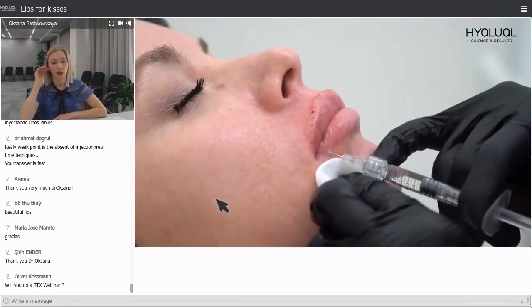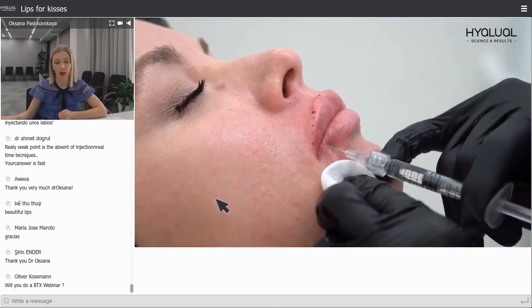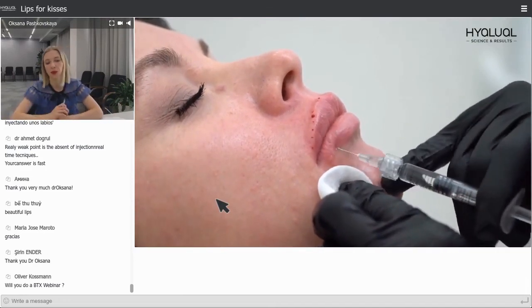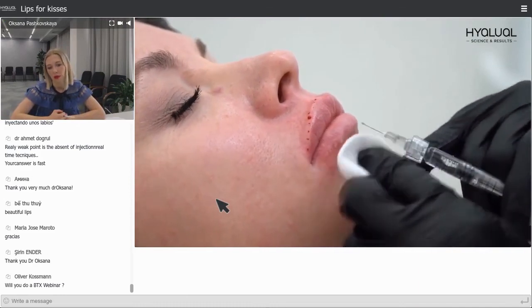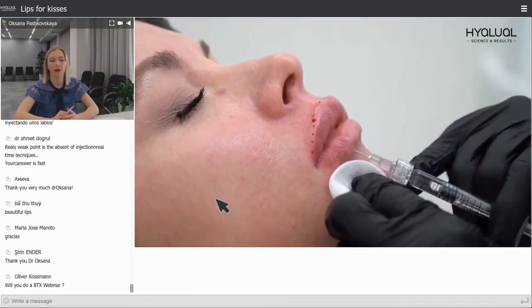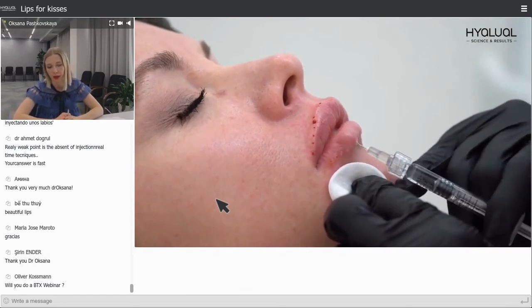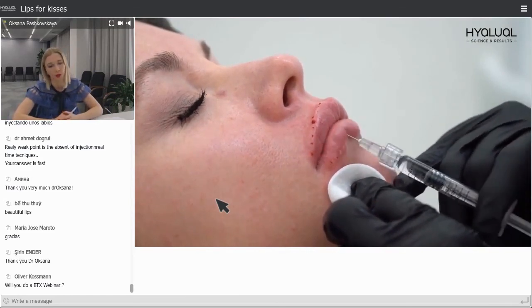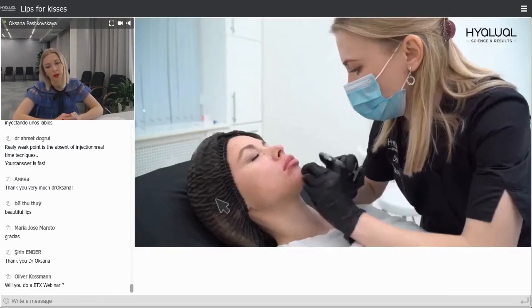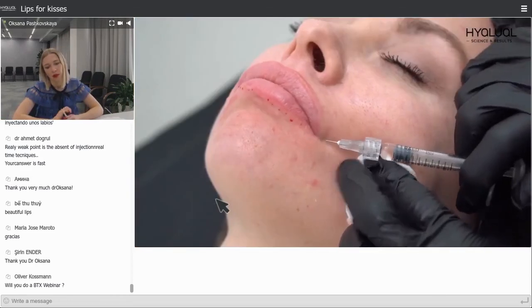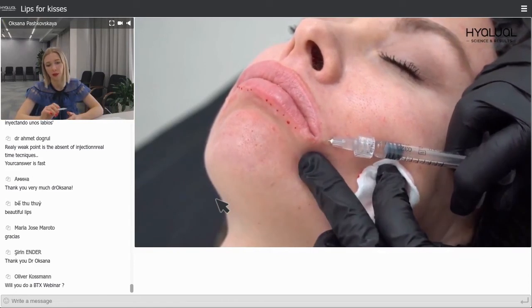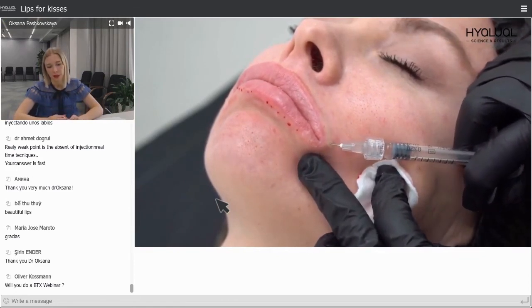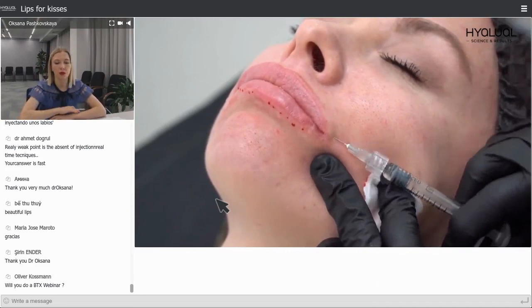And I don't do the contour, because when the filler spreads evenly, the contour will be improved. So the same technique is used in the lower lip, and the Mona Lisa technique for lifting the dropping corners.